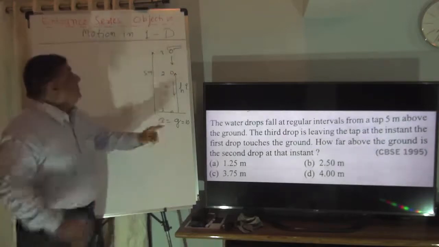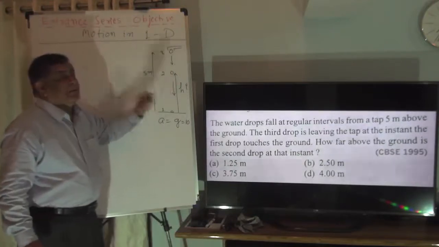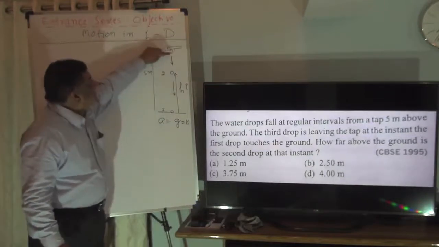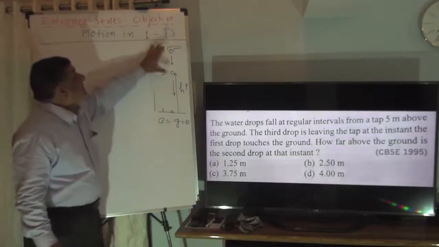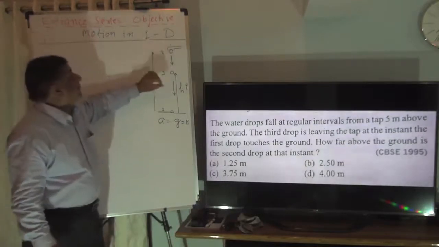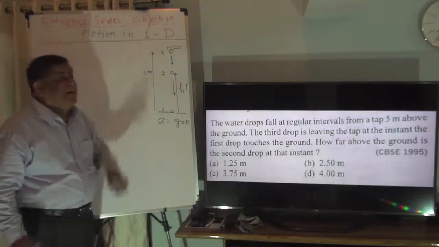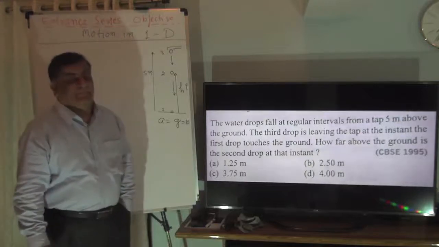The answer is no, because the velocity is increasing every instant. What is the equal quantity between these two drops and these two drops? Think again and it will come to your mind that this quantity is time.